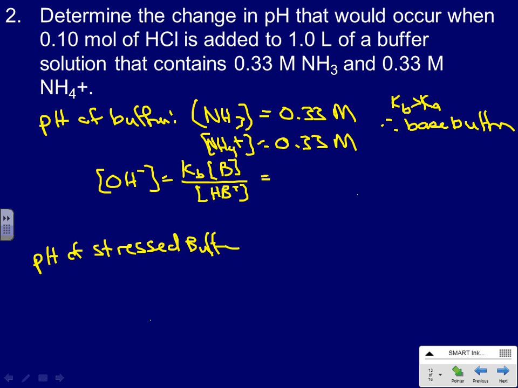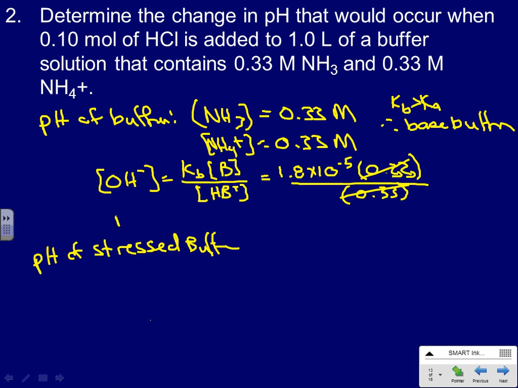Yep. 1.8 times 10 to the negative 5. And oh, take a look. We set it up so that they're the same. Normally, a starting buffer, if you're making it like in the laboratory, you usually start it out by putting the same amounts of the acid and the conjugate base. If I'm making a buffer for a biology lab, which I often do, I make sure that I've got the same amounts.